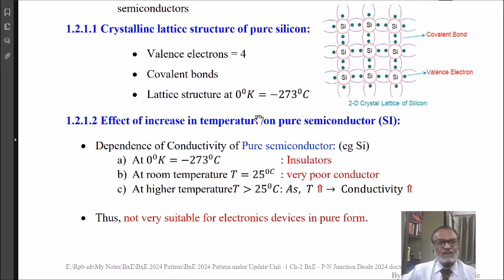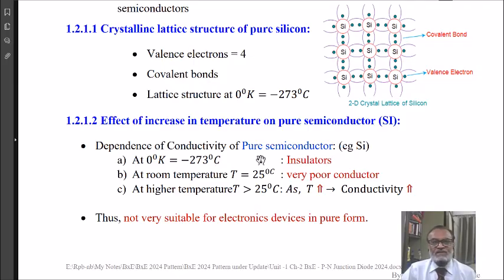At room temperature, say at 25 degrees centigrade, thermal energy is supplied. Due to this thermal energy, some of the covalent bonds are broken. This happens because when the thermal energy is supplied to the material, the electrons from valence band will jump to the higher level, and that is the conduction band.